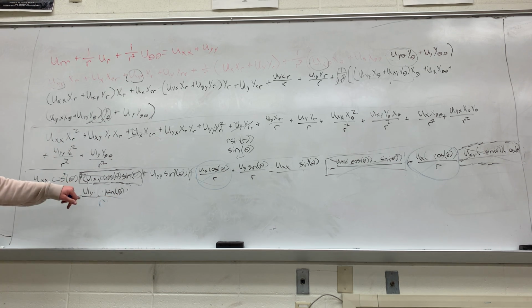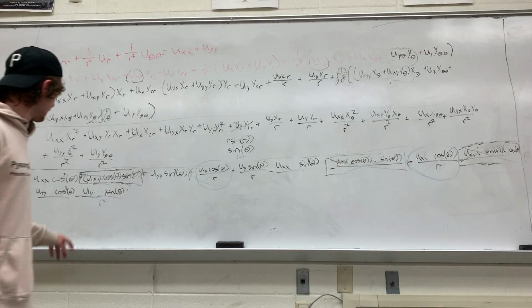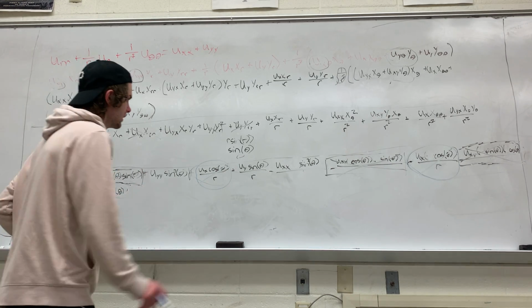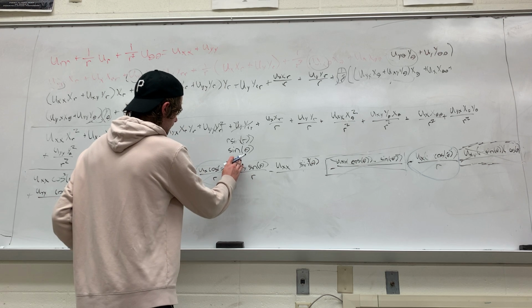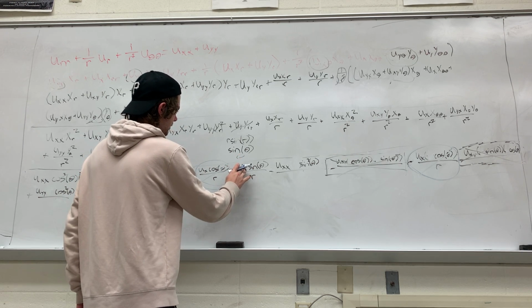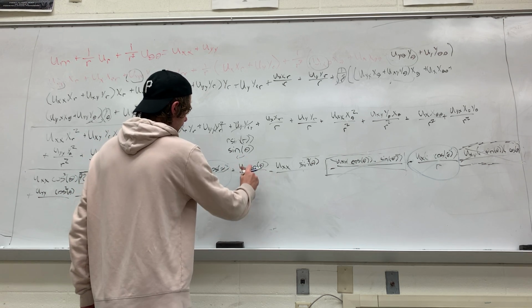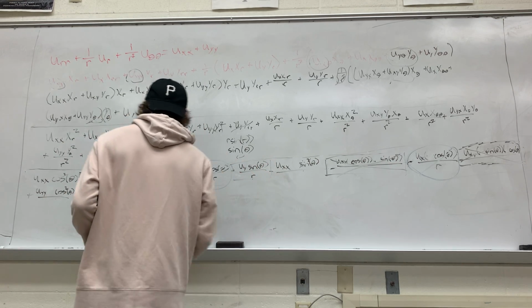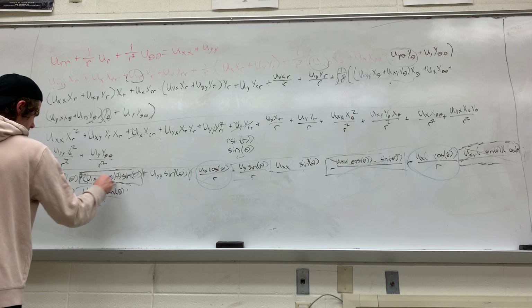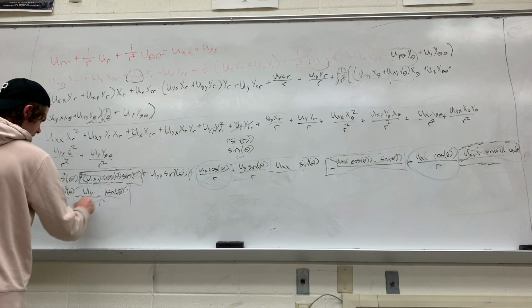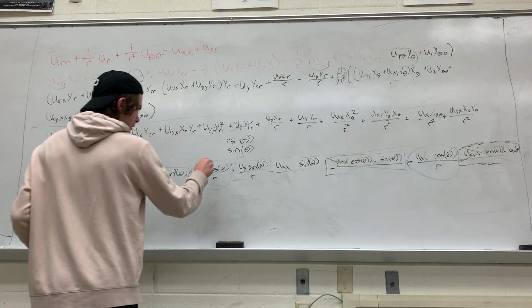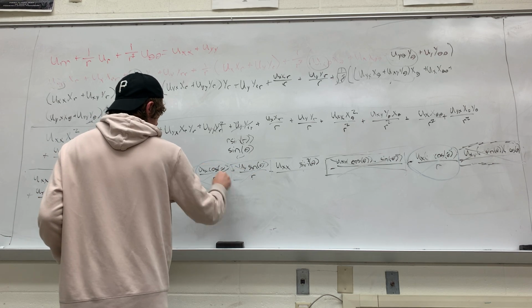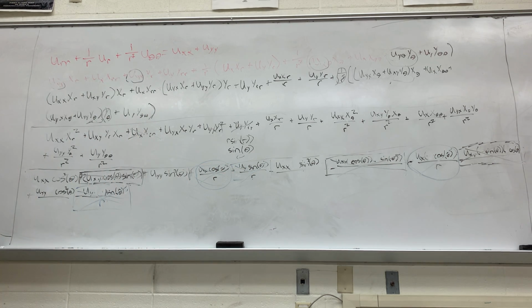So then I have the derivative with respect to y times sine of theta over r with a subtraction symbol in front of it. And then over here I have positive derivative with respect to y times sine of theta over r. So this and this cancel out with one another.